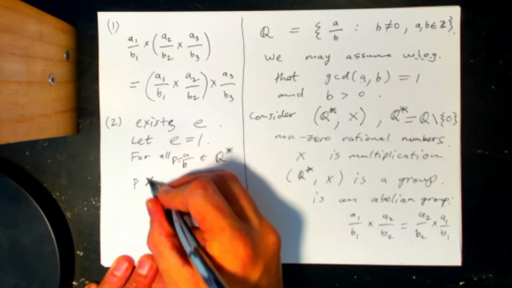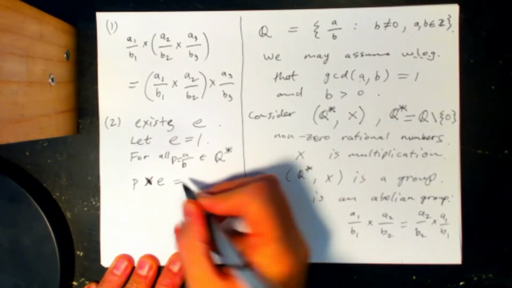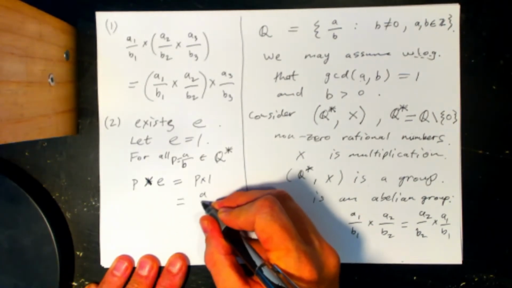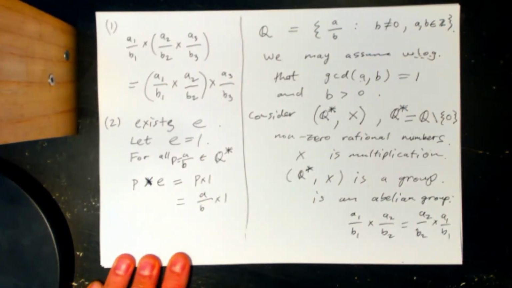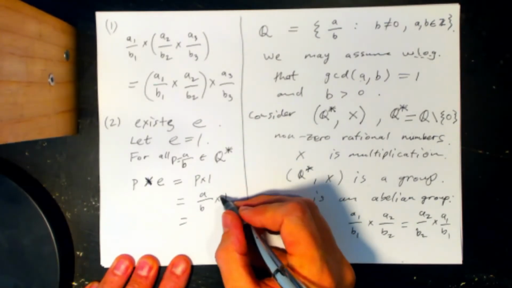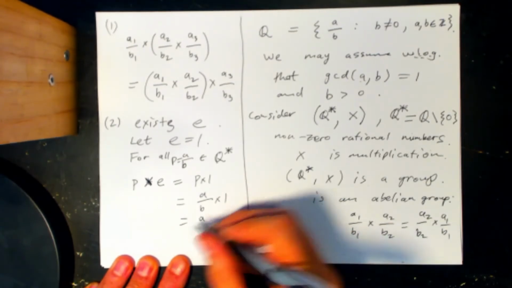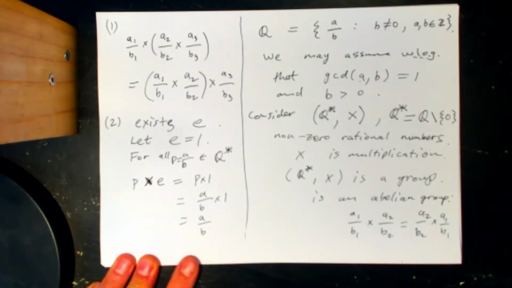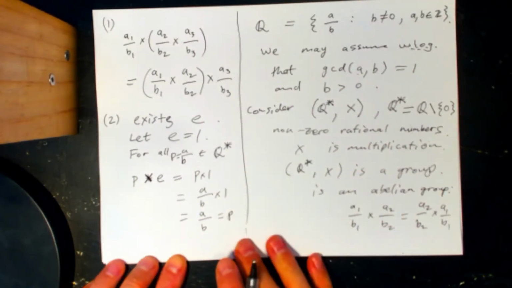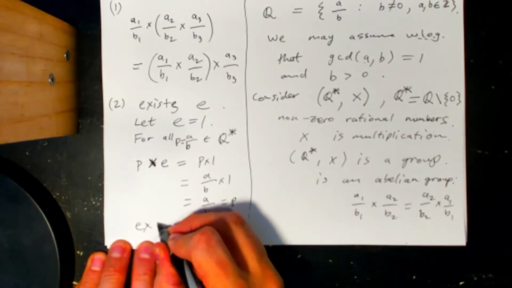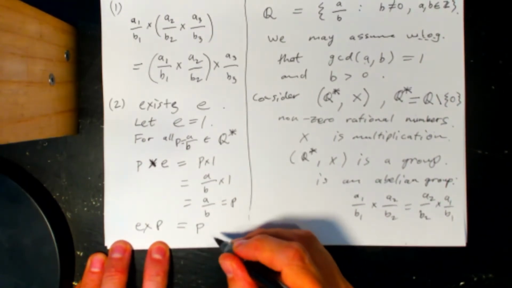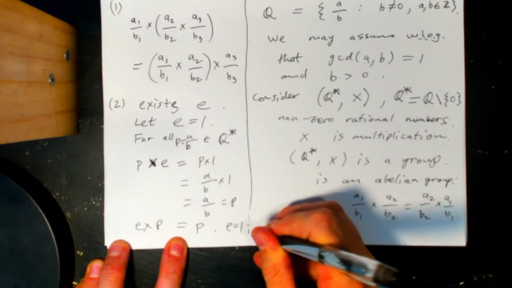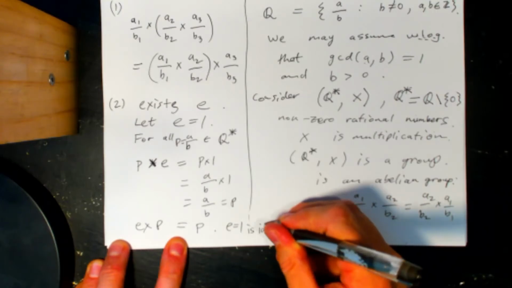P times E is equal to P times 1, and so this is just A over B times 1, which is A times 1 over B, or A over B. So this is neutral, we see, which is P, and that's the same as if we had done that the other way around, right? Okay, so E equals 1 is the identity element here.